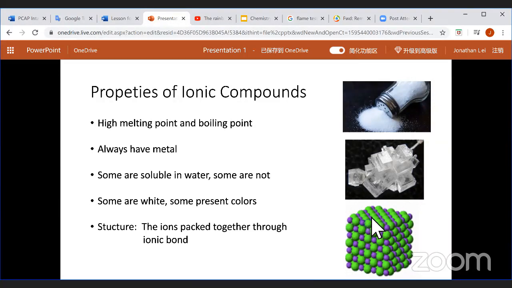And this structure extends in three-dimensional space, which forms this kind of structure. You can see these are all kind of cubic shapes, right? And this is the structure of the salt we see and use every day.